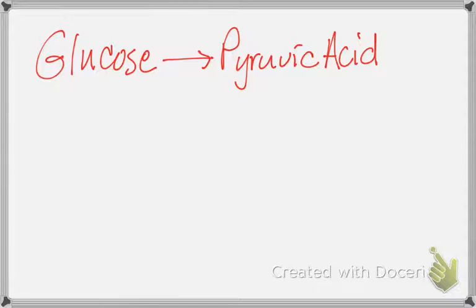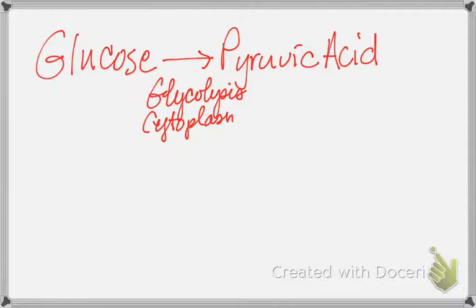This should be somewhere familiar in your memory banks. You should be like, oh yeah, I remember pyruvic acid. This process is called glycolysis, and it happens in the cytoplasm. Then pyruvic acid moves into the mitochondria.